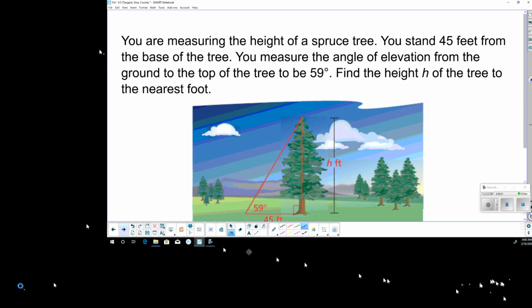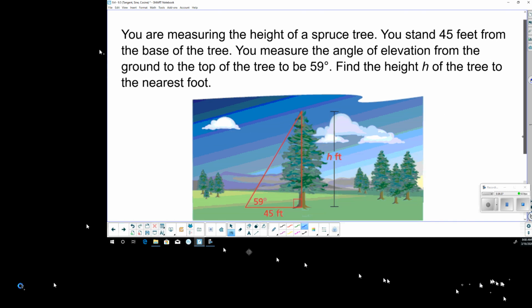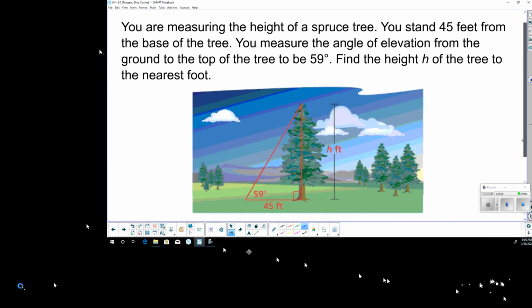Okay, let's do just a couple application problems really quick. This one says you're measuring the height of a spruce tree. You stand 45 feet from the base of the tree. You measure the angle of elevation. An angle of elevation is if you're looking straight ahead, level with you, and then you look up at something. It's the angle that's formed.